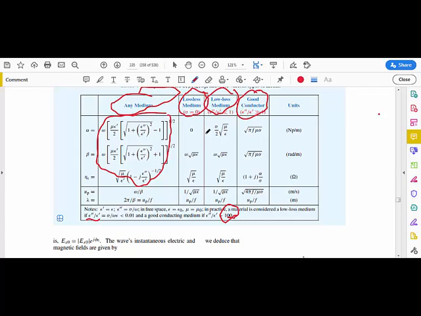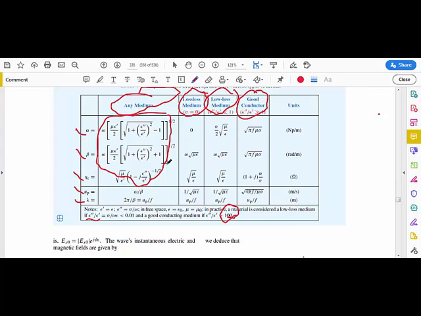Okay, besides the propagation parameters, the alpha and beta, and the intrinsic impedance, we could also calculate the phase velocity and the wavelength inside the medium, because we know the electromagnetic wave propagates inside any material with a certain wavelength and a certain velocity, which differ from the speed and the wavelength in free space.